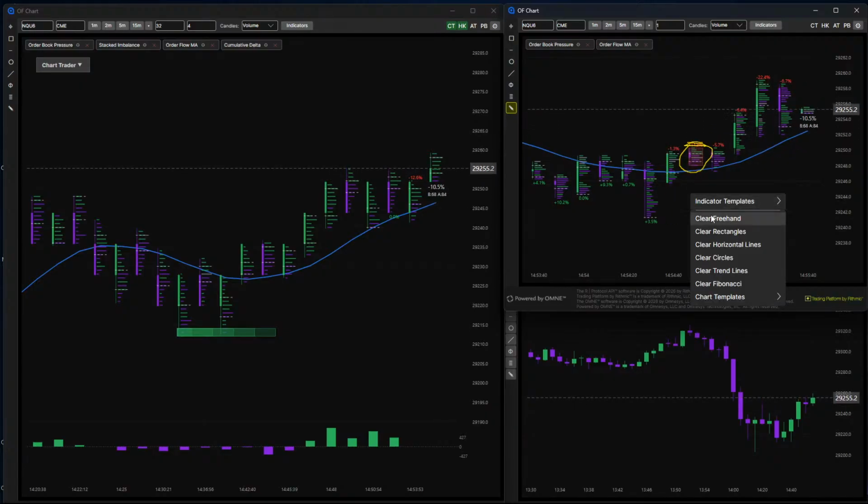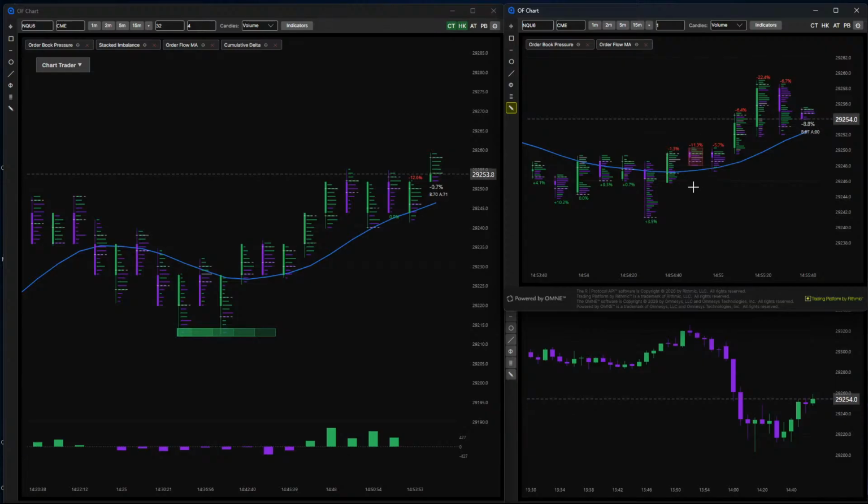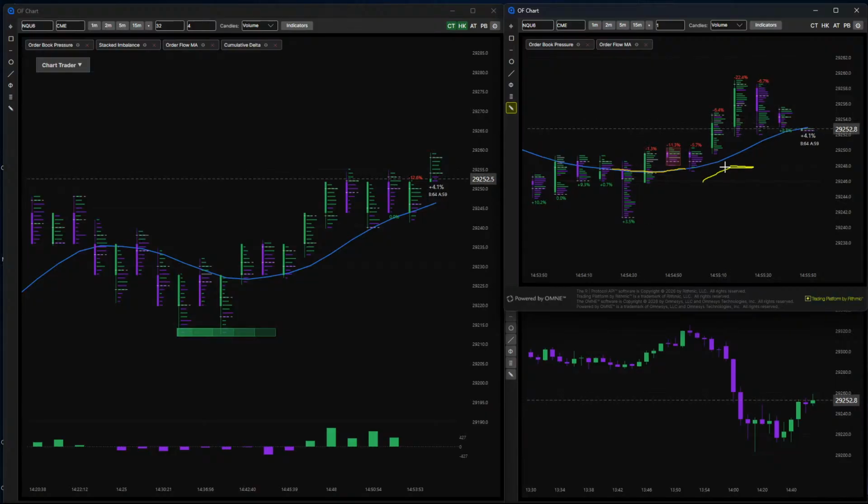Now you wouldn't take that as a short because obviously the moving average is kind of flatline. If you want the moving average, there's a strategy that I'm working on.